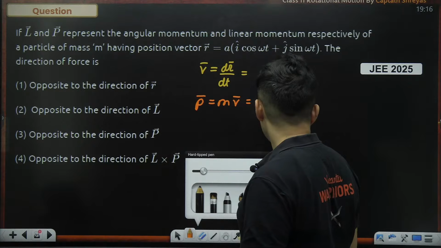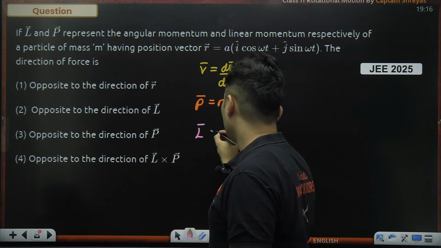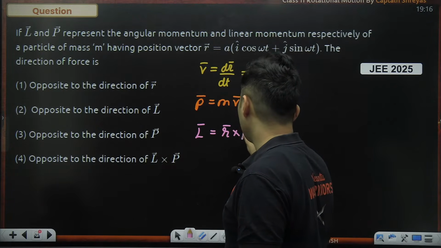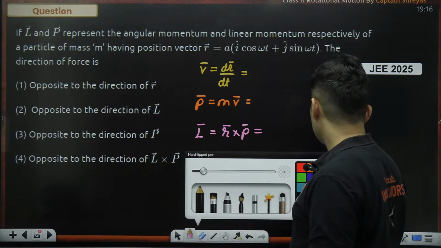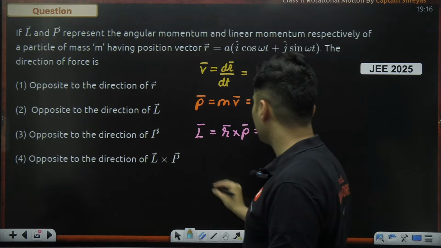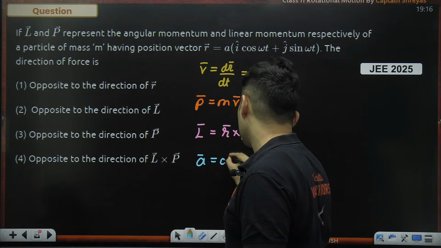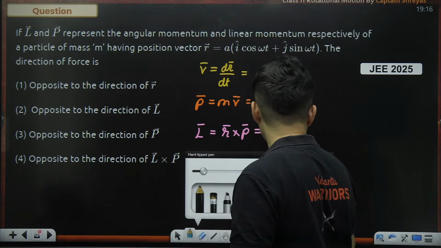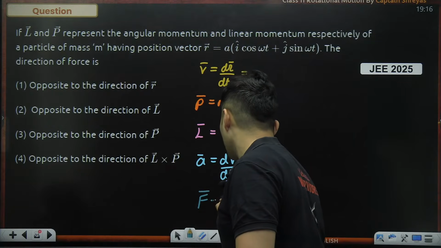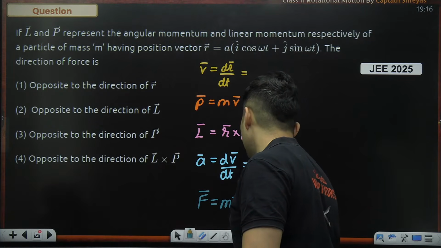Then you can also find angular momentum because it is r cross p. Then you can also find force because from velocity you can also find acceleration, right? Acceleration is dv by dt, that will give you acceleration. From that you can get force, which is mass multiplied by acceleration.